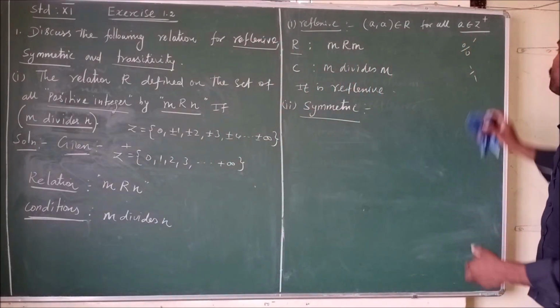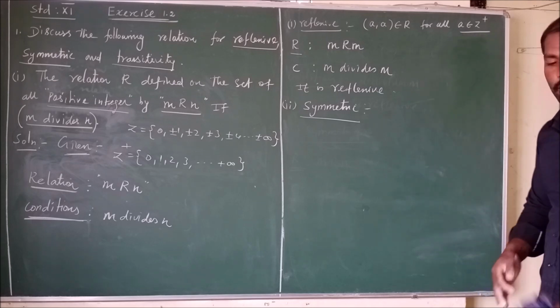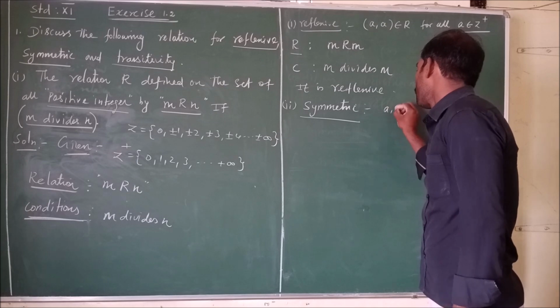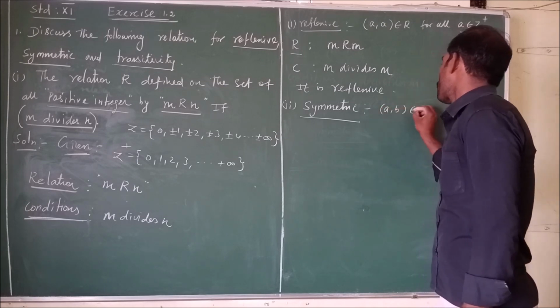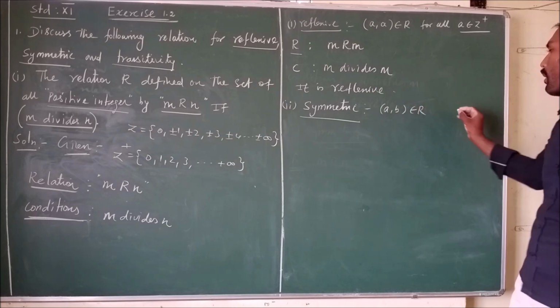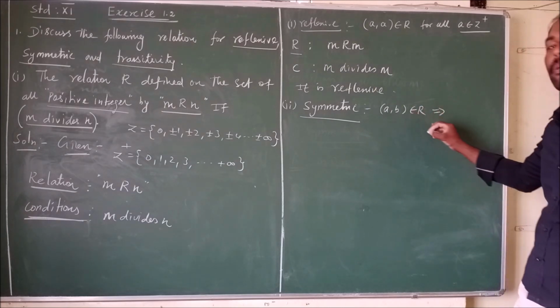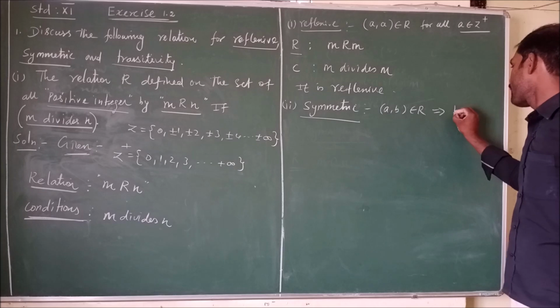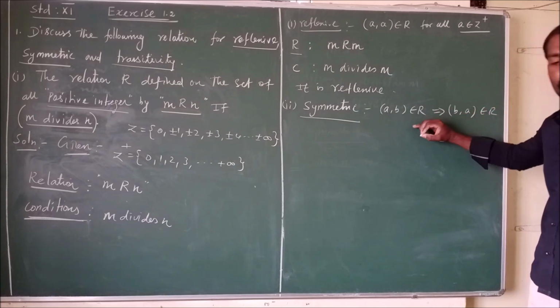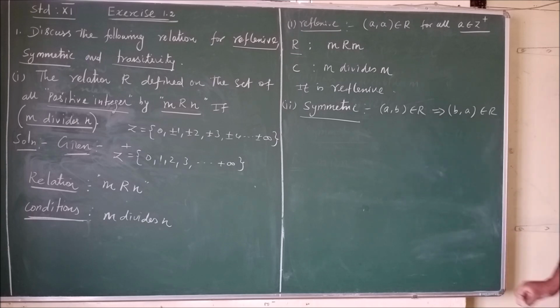To check it, the basic definition of symmetry: (a, b) belongs to R implies (b, a) belongs to R, for any two numbers a and b. This is the basic definition of symmetry.